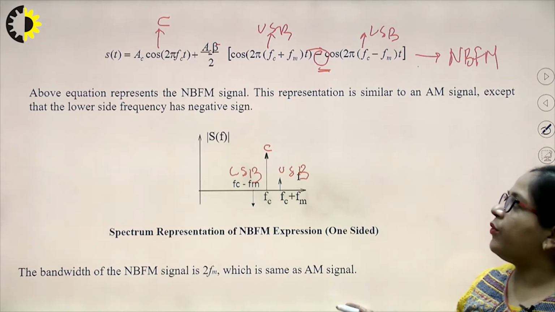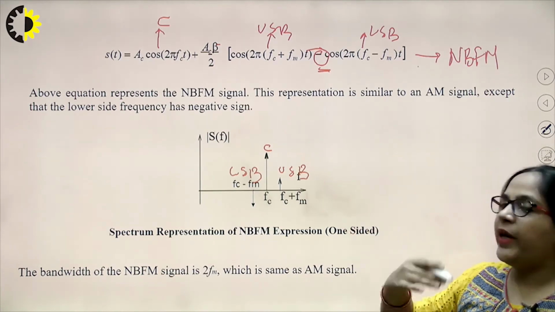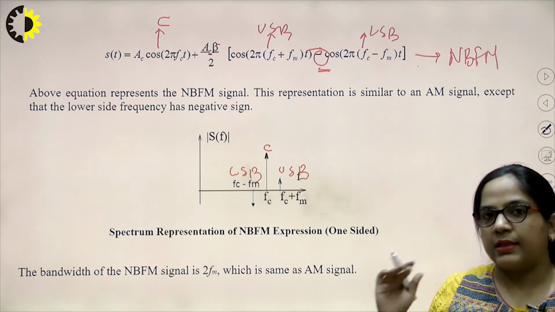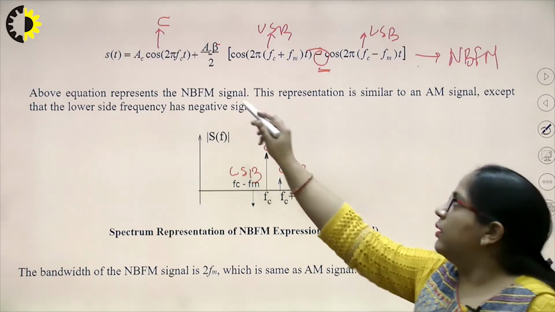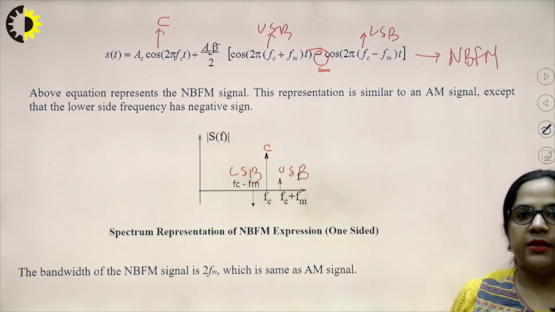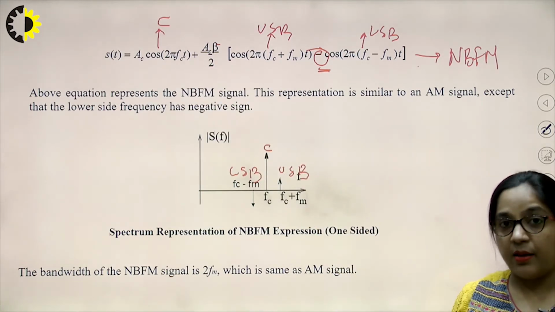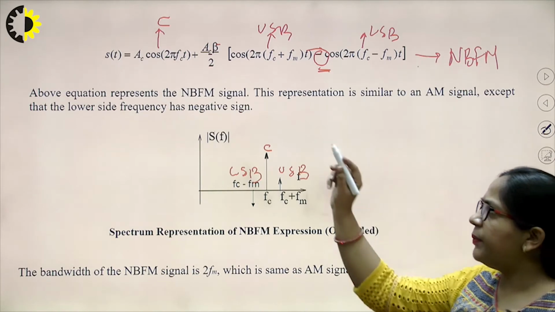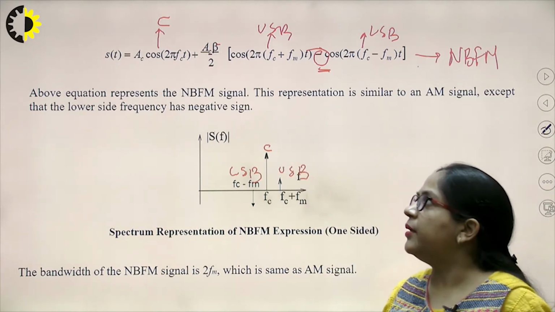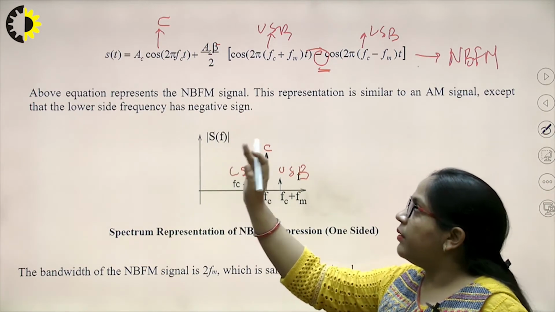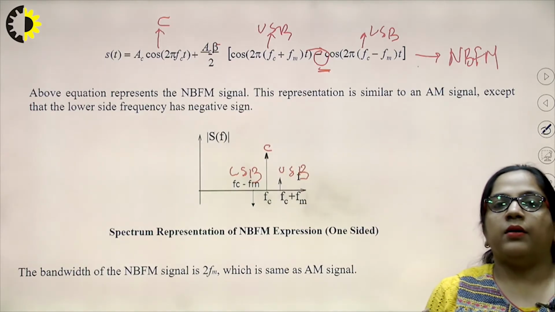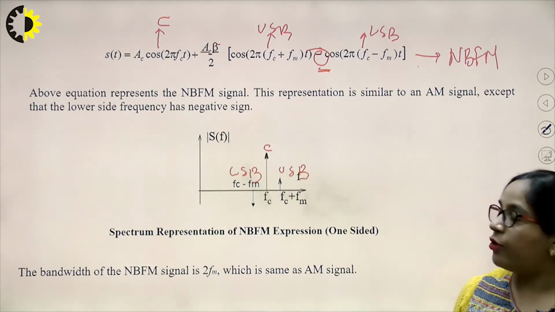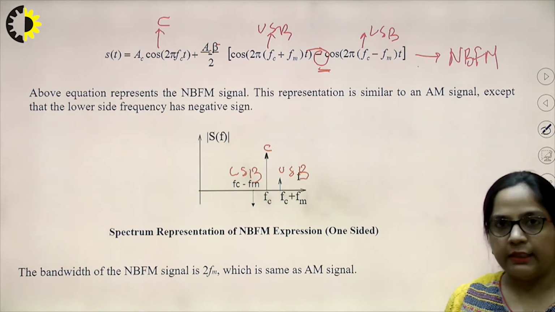If we want to calculate what improvement we get when comparing this NBFM with an AM signal, first of all, here also we get three terms: carrier signal, lower sideband and upper sideband. So there will be no difference in transmitting power. The power required for transmitting this NBFM signal will be similar to the power required for transmitting an amplitude modulated signal.